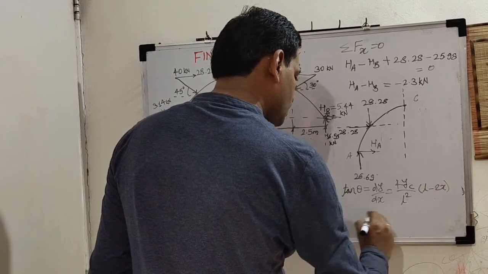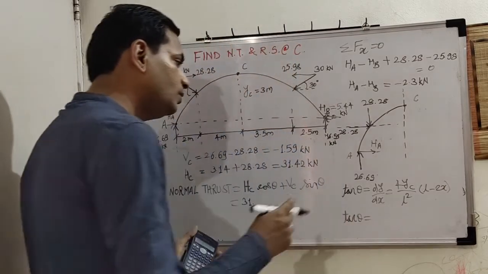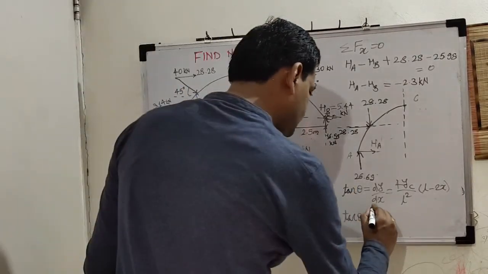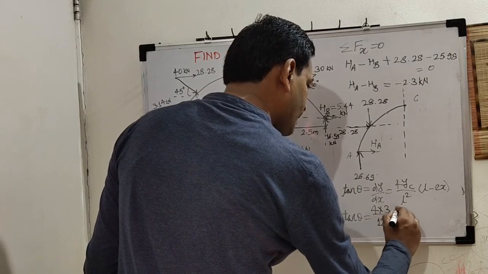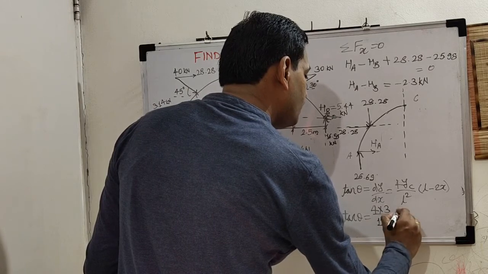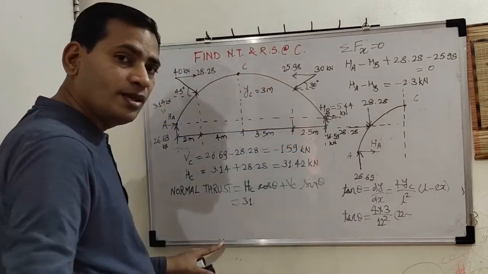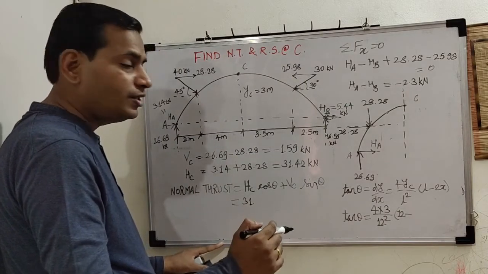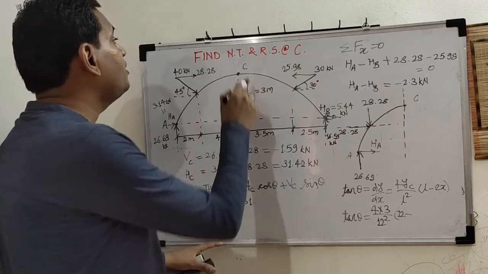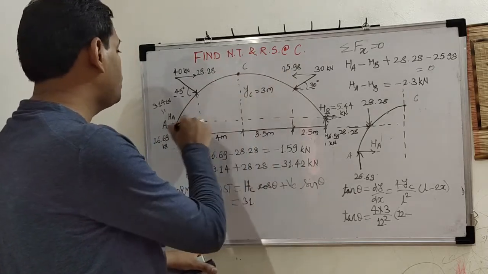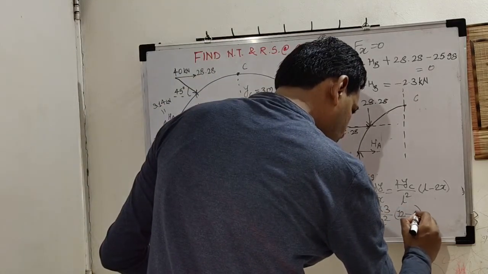So tan theta is equal to 4 into 3 upon 12 square into L, which is 12, minus, how much is x? X means the location or distance from support A, where we have to find normal thrust and radial shear, that is at C. So how much is the distance of C from A? 6, into 2.